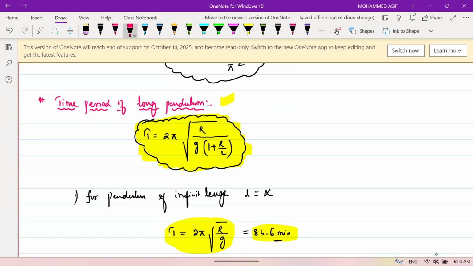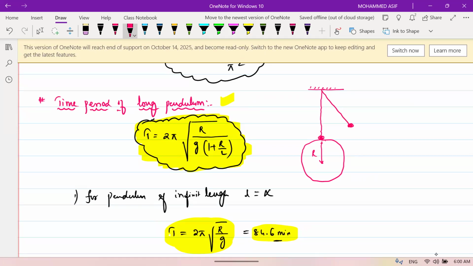Let me explain with a diagram. Suppose this is your Earth, and this is the radius of the Earth, capital R. You're taking a simple pendulum somewhere here from the surface of the Earth. A very long simple pendulum, like say you've gone 100 kilometers. This is the length of the simple pendulum on the surface of the Earth. Now you displace it to a small position somewhere here.